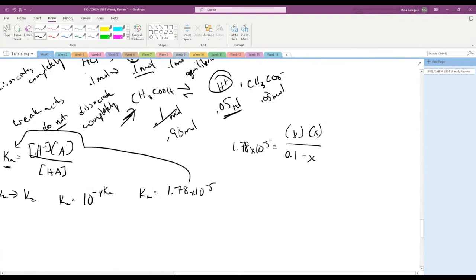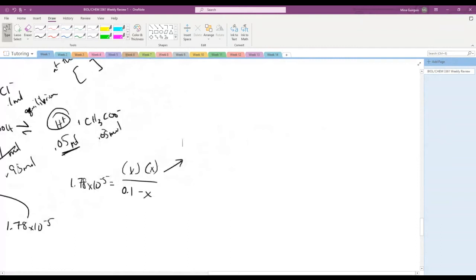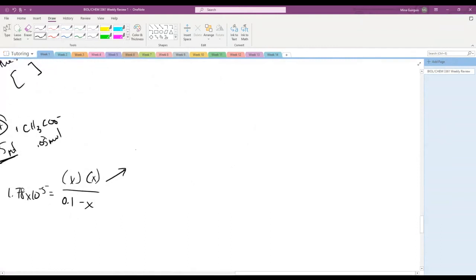The first way is just pure algebra. So we are going to, I apologize, I need more room. So we're going to multiply these two together and also multiply 0.1 minus x to both sides to get rid of this. So 1.78 times 10 to the negative fifth times 0.1 minus x equals x squared.